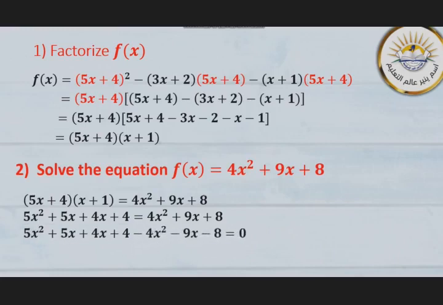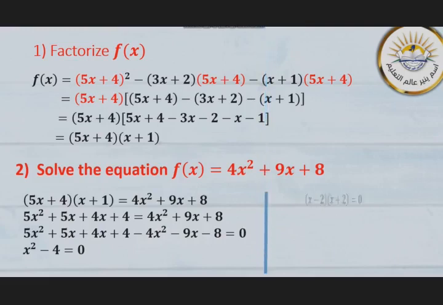So we move all the x's and all the numbers to the left of the equal sign and set it equal to 0. We add the x squared terms together, the x's together, and the numbers together. The final answer will be x squared minus 4 is equal to 0.